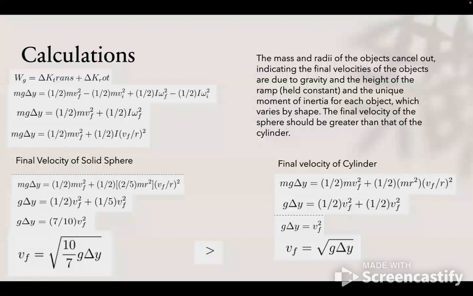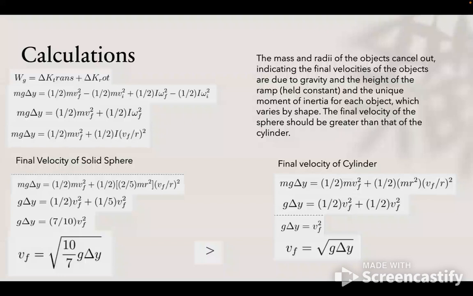Because it's starting from rest, we can take out both of the ones with initial velocity, and so mg delta y is equal to 1/2 mass final velocity squared plus 1/2 moment of inertia angular velocity final squared. So mg delta y equals 1/2 mass final velocity squared plus 1/2 I (final velocity over r) squared.